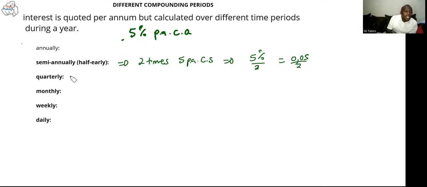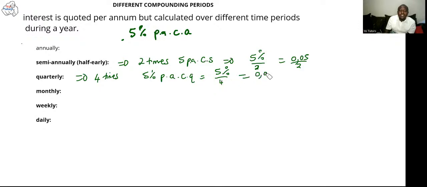When it's quarterly, it means it's compounding 4 times a year. So if it's 5% per annum compounded quarterly, it's 5% over 4, which is 0.05 over 4. That's how we write it.